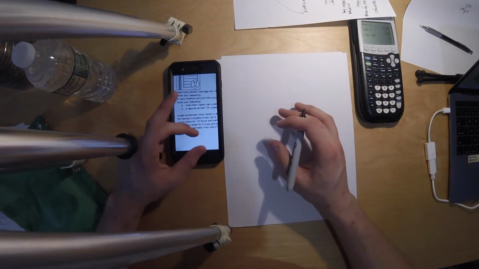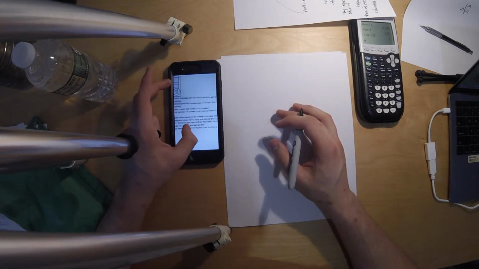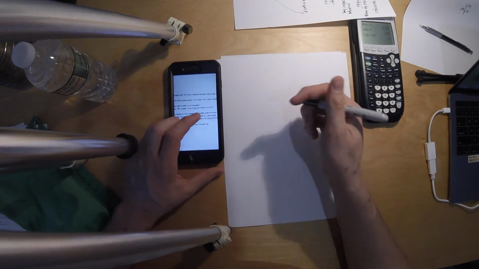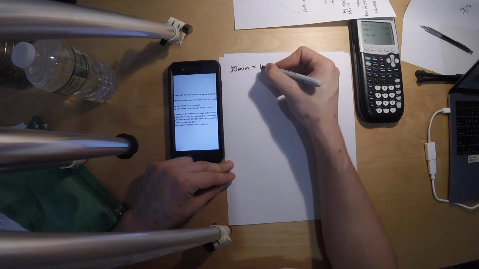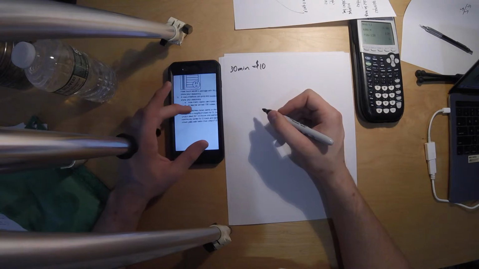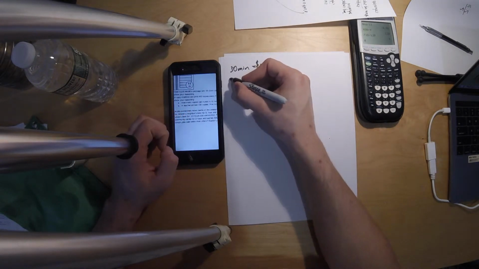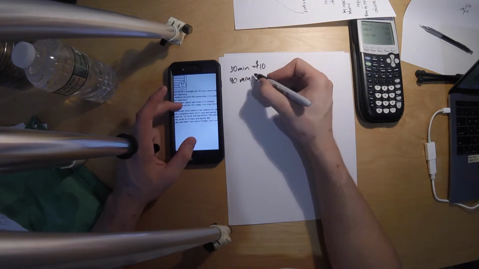Now number 3 says Andre sometimes mows lawns at the weekend to make extra money. Two weeks ago, he mowed a neighbor's lawn for half an hour and earned $10. So it's 30 minutes for $10. Last week he mowed his uncle's lawn for 1.5 hours, so 90 minutes, and earned $30.